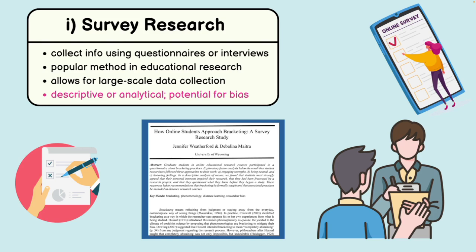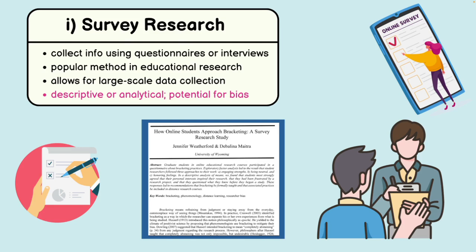Now you can have surveys that are answering very specific questions where the responder just chooses an answer that's already there, or you can have more open-ended questions where they can fill in whatever response they feel is appropriate.